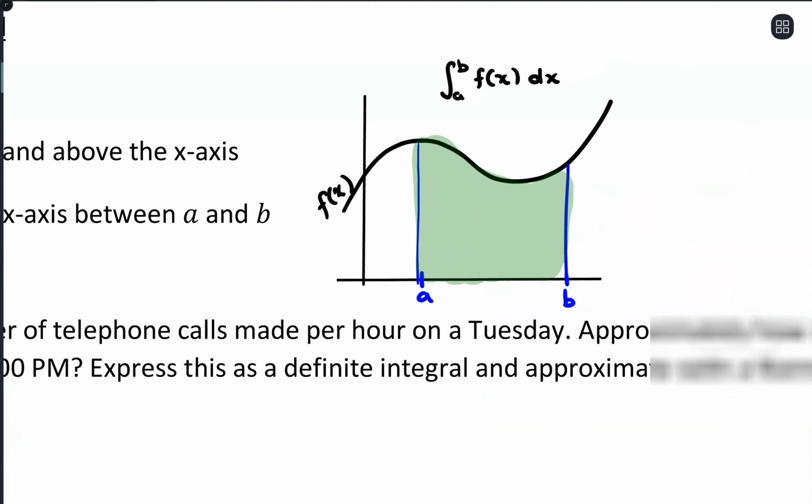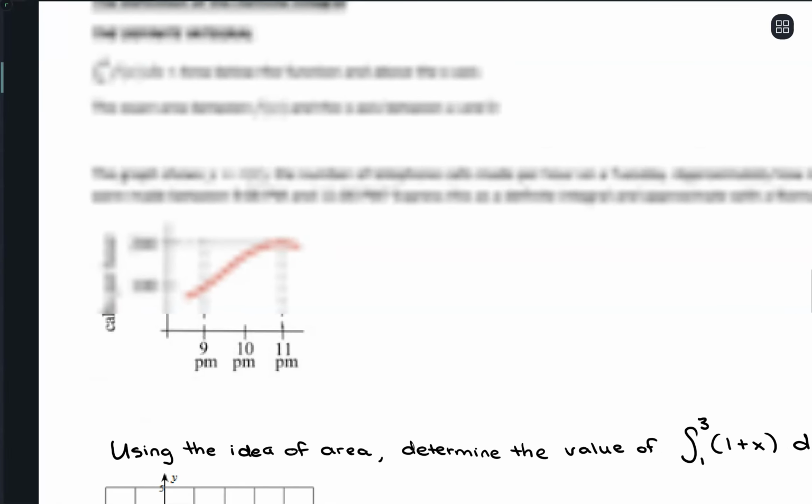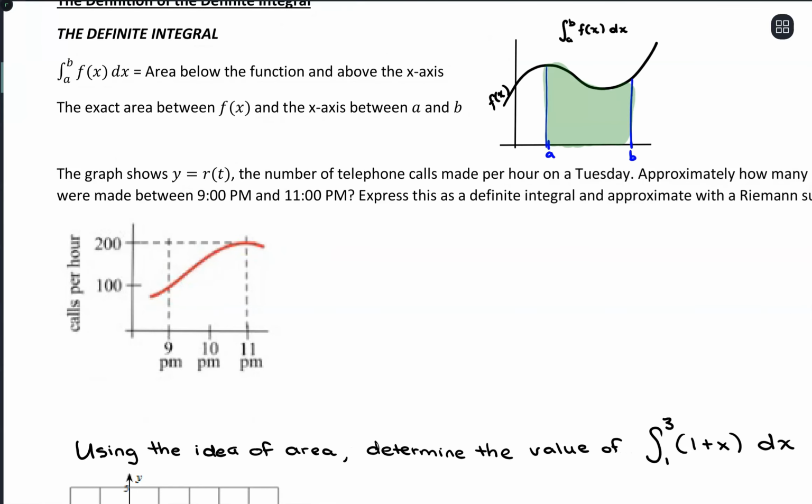All right, so let's look at this in a few different scenarios. In this first case, we have a graph showing y equals r of t, which shows the number of calls made per hour on a Tuesday.